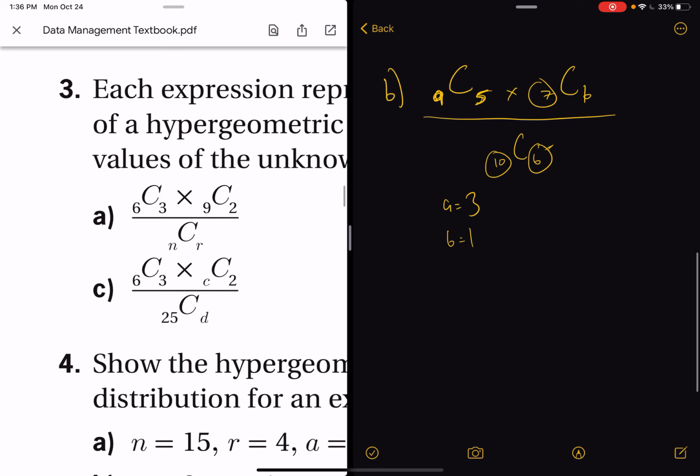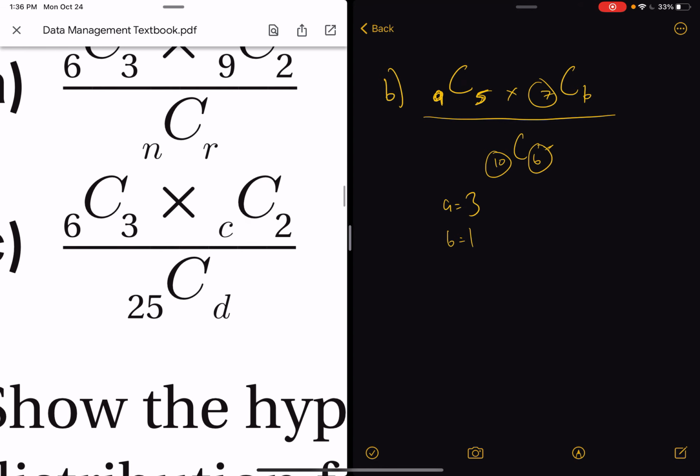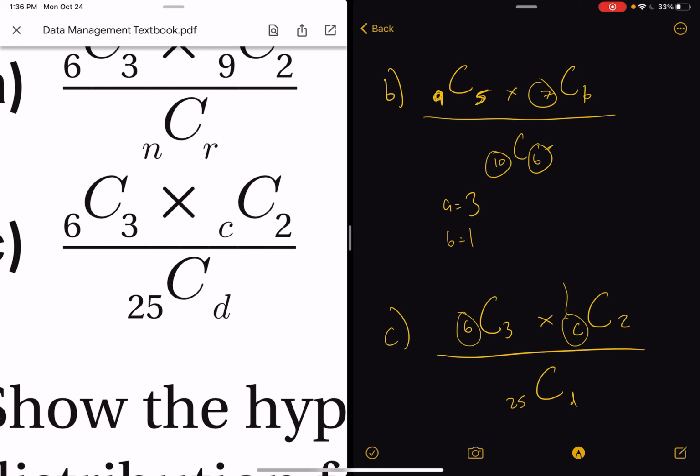Let's look at C. We have 6 choose 3, times some value choose 2. And we have 25 choose D. Once again, these two should equal n, right?